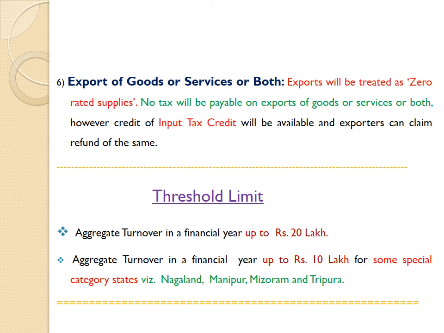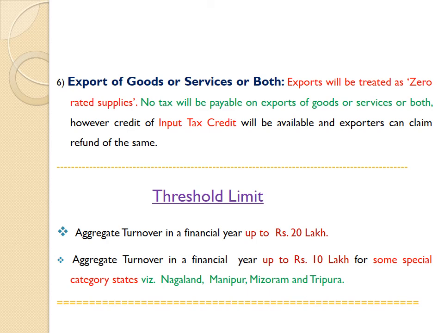Now I am discussing the threshold limit. Aggregate turnover in a financial year up to rupees 20 lakh. Aggregate turnover in a financial year up to rupees 10 lakh for special category states, that is Nagaland, Manipur, Mizoram and Tripura.